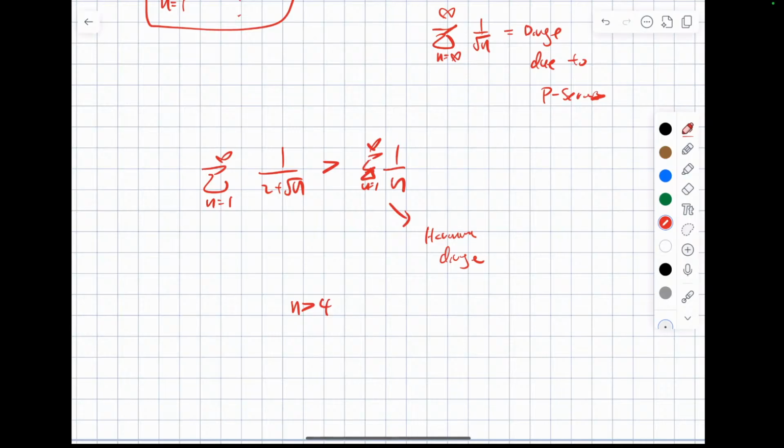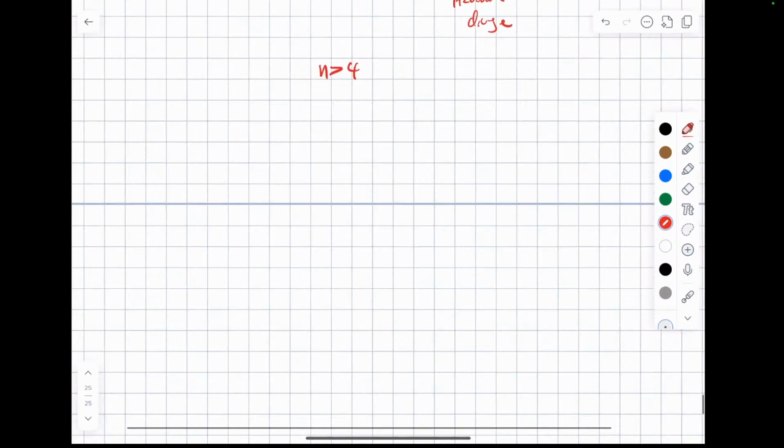Am I going too fast? No. Okay, then we use the limit comparison test. What's the limit comparison test? It means you put a ratio of one series to the other series. You don't compare the series side by side; you put them in a ratio. If you put a ratio, three things can happen.